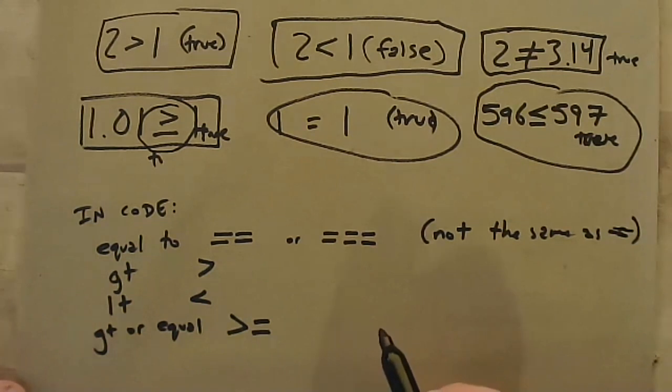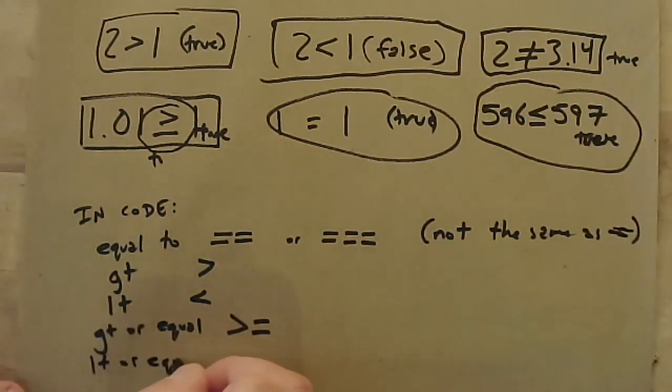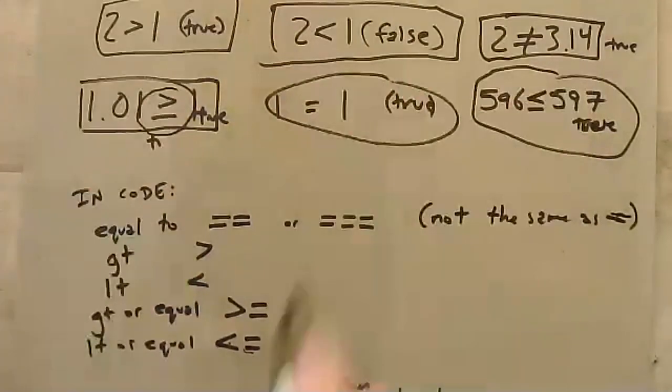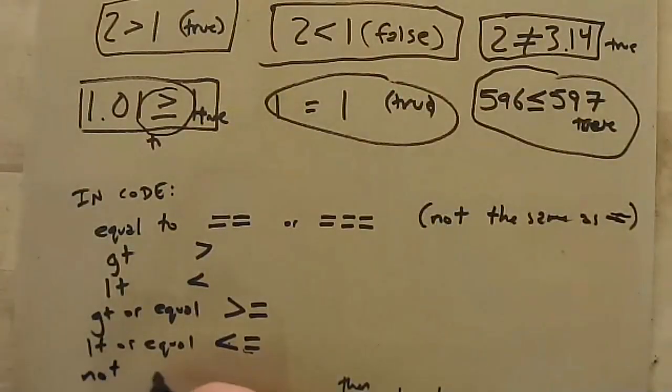Okay, never mind. And less than or equal is once again just the less than and equal sign next to each other. And the last one, not equal to, is an exclamation point and an equal sign.